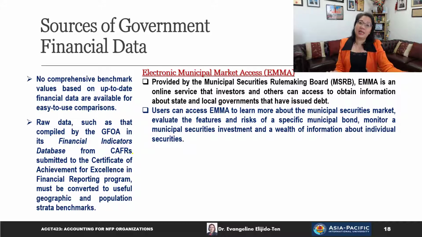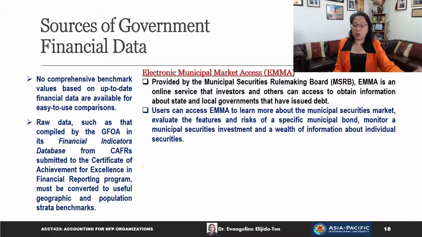Users can access EMMA to learn more about the municipal securities market, to evaluate the features and risks of a specific municipal bond, and monitor a municipal securities investment, along with a wealth of information about individual securities.